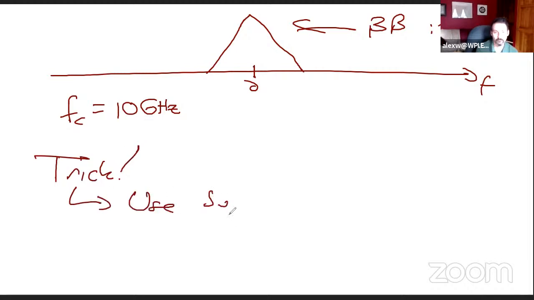Use the superhet. The trick that I use in the super heterodyne receiver is that I would actually use multiple local oscillators, and I would progressively bring the signal down in small bits. So this is how I would do it. This is the superhet approach.